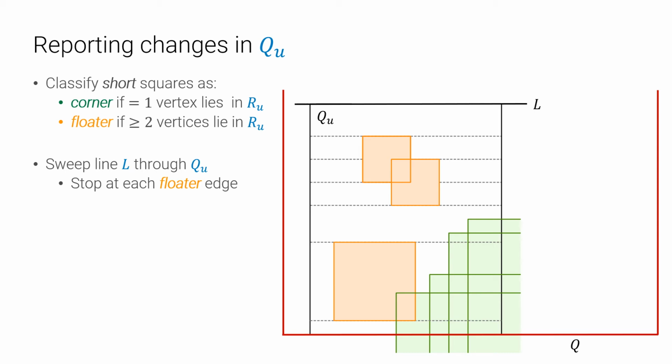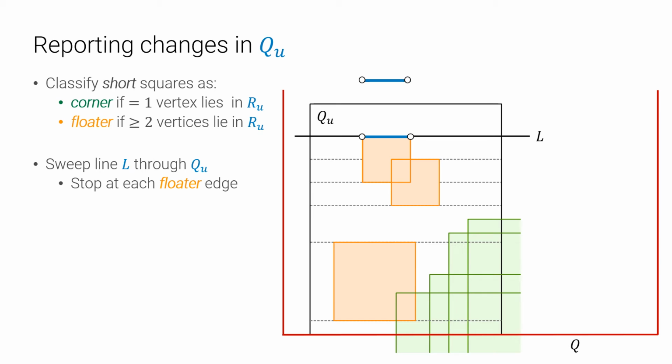The reason for this discrepancy is outside the scope of this talk, but we will say it's tied to the fact that floaters, because they are smaller than the quadricell, are smaller than the square Q being inserted, but this may not be true for the corner squares. These corner squares can be arbitrarily large with respect to both the quadricell and Q.